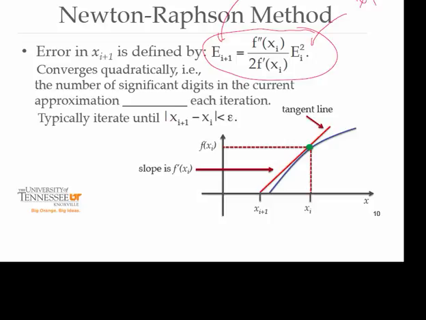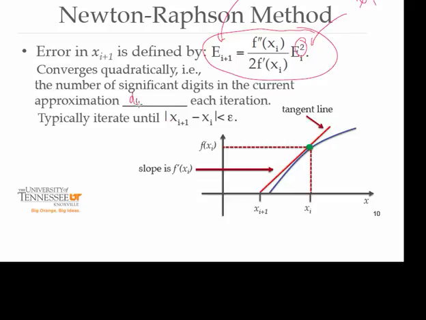So it's telling you that what you're essentially able to do is reduce the error, hopefully, in a quadratic way, hence the fact that this power is 2 here. So we say that this method converges quadratically, in the sense that the number of significant digits in the current approximation doubles.